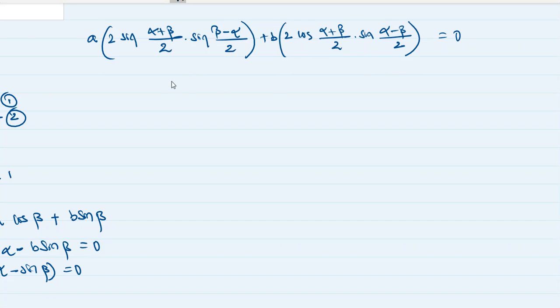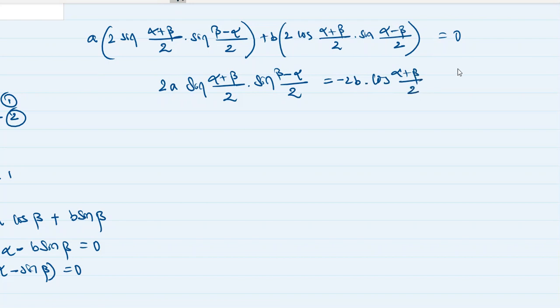Okay, so what do we have here? We have 2A sin((alpha plus beta) by 2) times sin((beta minus alpha) by 2) is equal to minus 2B times cos((alpha plus beta) by 2) multiplied by sin((alpha minus beta) by 2).